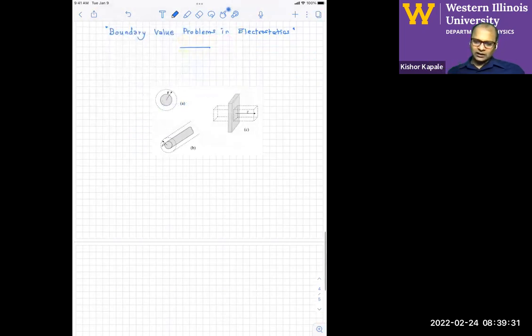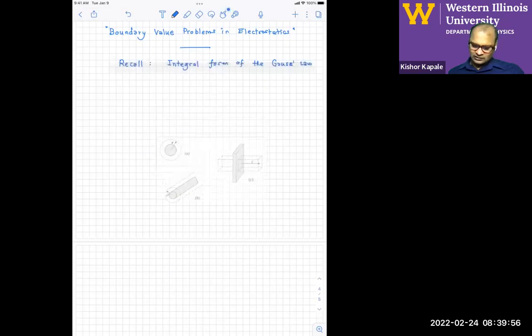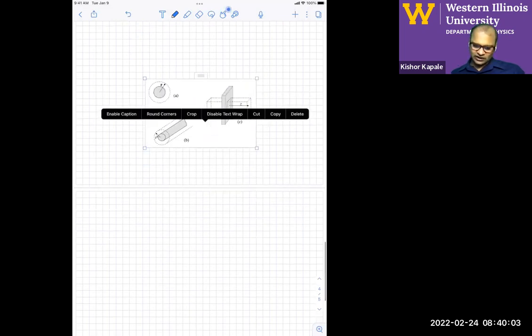Recalling a few other direct integration methods, we are going to look at the integral form of Gauss's law. Anybody remember how it looks? Because that takes care of a whole class of problems like you see in this image here, right?